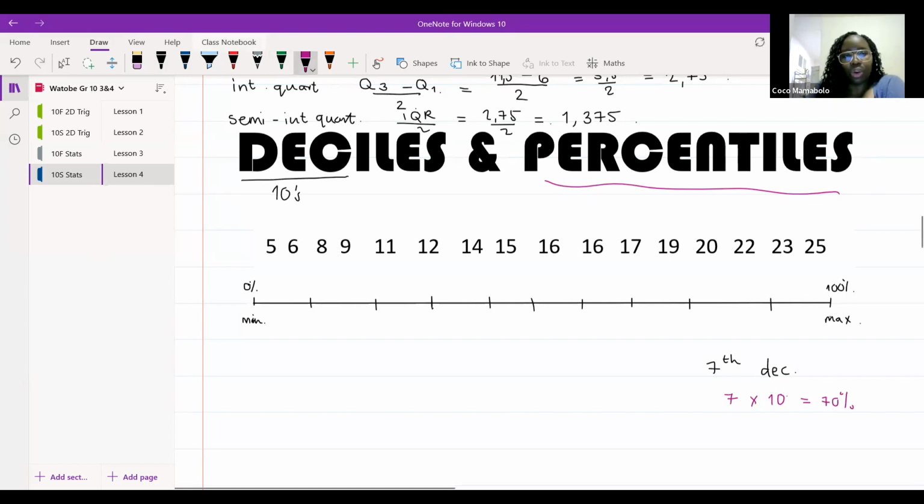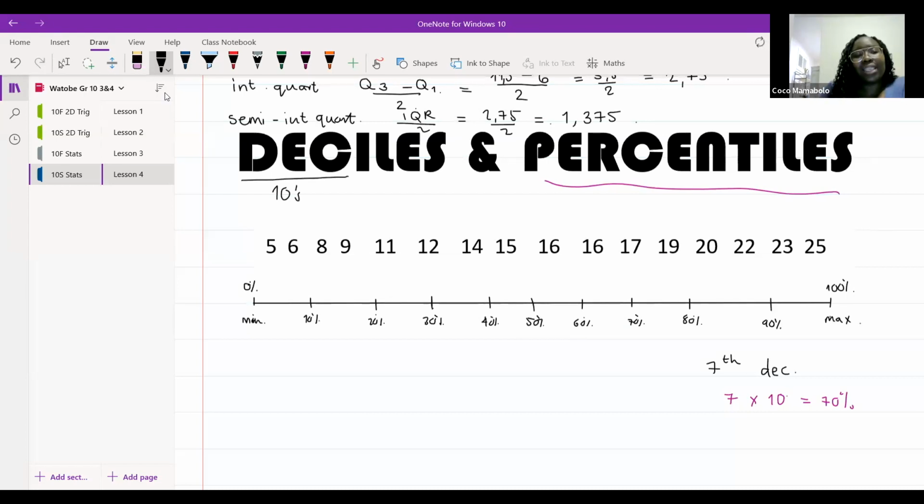All right, so let me just number these while we go. This is 10%, 20%, 30%, 40%, 50%, 60%, 70%, 80%, and 90%. And then we've got 100% and 0%.